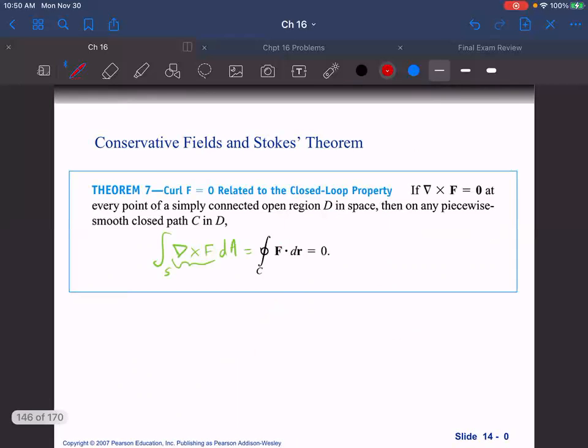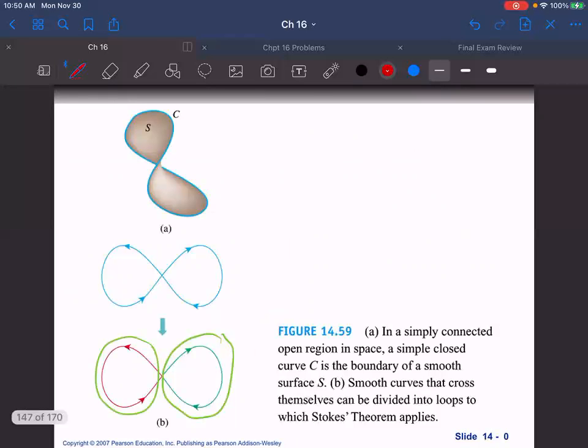So for conservative fields in Stokes' theorem, if we do the integral around a closed loop, it's going to be 0. We're going to have no circulation in those conservative fields, essentially what we're saying right there. So it equals 0.